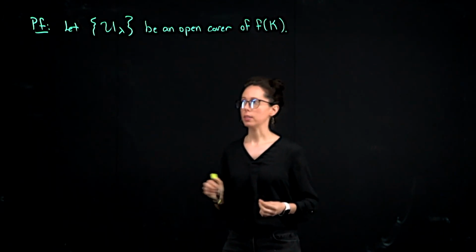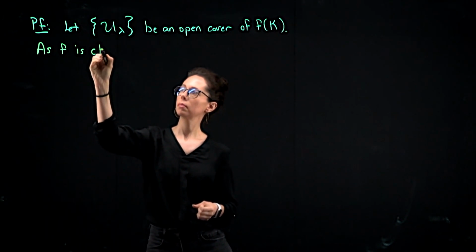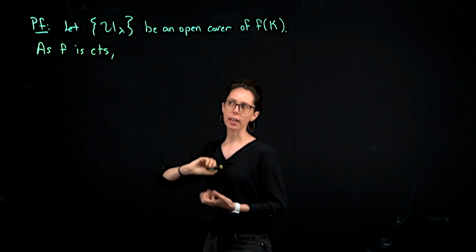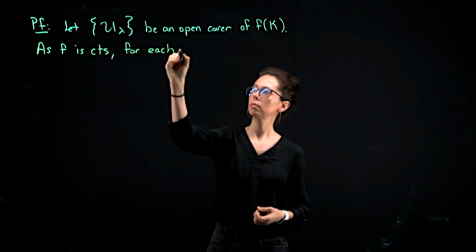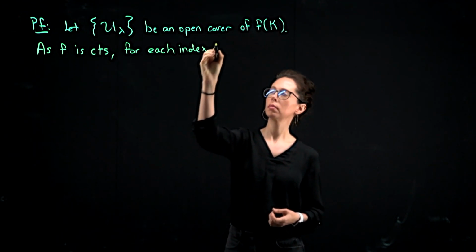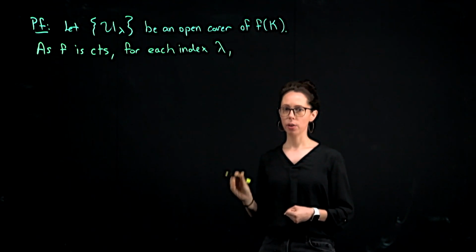As f is continuous, for each index lambda, there exists an open set O sub lambda.